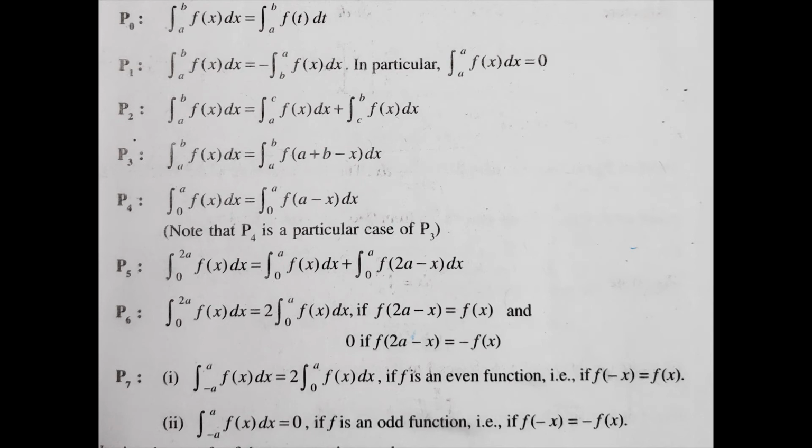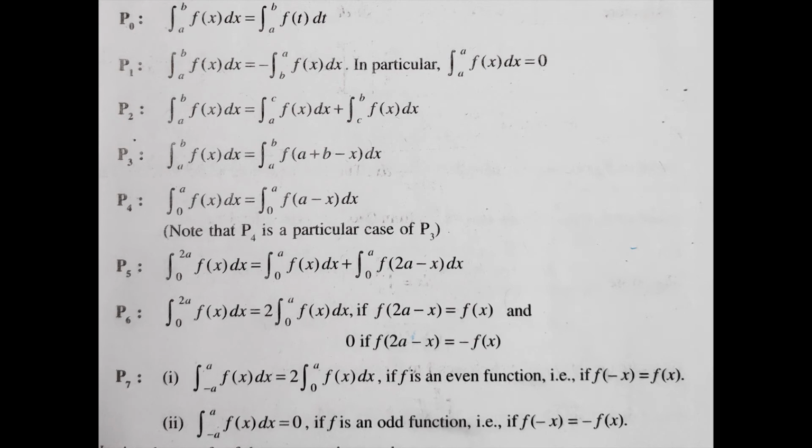Now coming to the second property, integral a to b f of x dx is the same as minus of integral b to a f of x dx. What does that mean? When the limits interchange, the sign of the integral reverses. I repeat, when the limits interchange, the sign of the integral reverses.